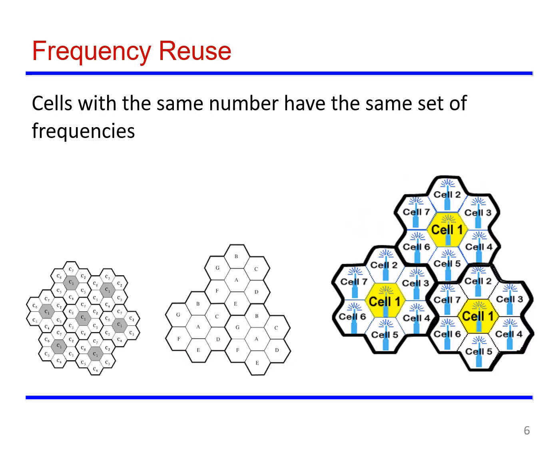If you observe the last picture, where cell 1 is given in yellow color, there is cluster 1, cluster 2, cluster 3. The same 7-cell cluster is repeated with the same frequencies. For example, consider that RFC 1 is applied to cell 1, RFC 2 to cell 2, RFC 3 to cell 3, and so on.